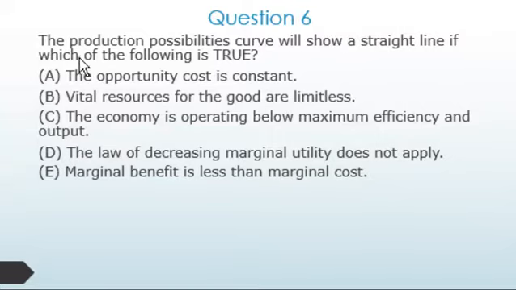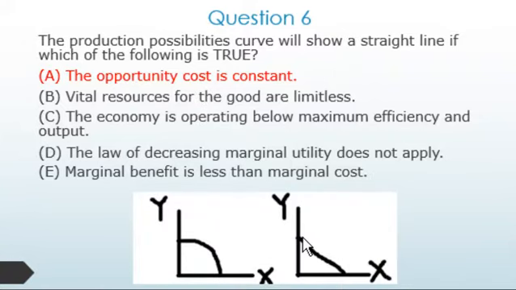So question 6, the production possibilities curve will show a straight line if which of the following is true, and that's if opportunity cost is constant. So if the production possibilities frontier has a constant slope as seen on the right hand side here, then any point has the same slope, and the slope represents good y in terms of x, for example.